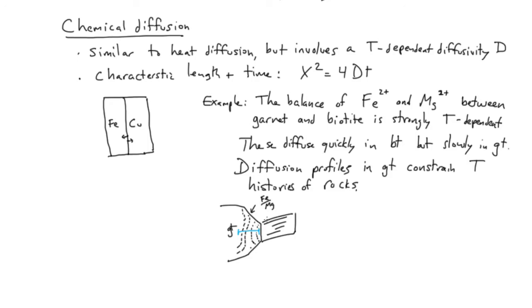Let's do another one here. So distance x, and let's say we do a profile of iron. We might see that it does something like that. So we can look at this time scale, or sorry, this distance, and we could use the characteristic equation here and figure out how long these things were next to each other at a certain temperature.